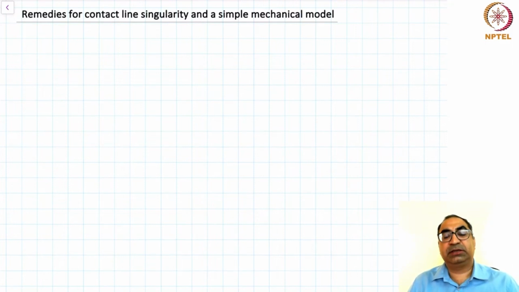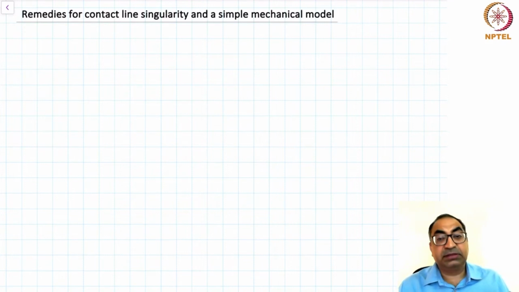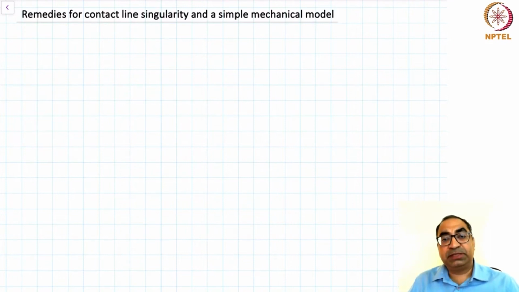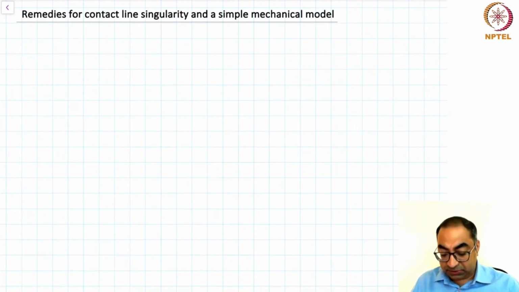This model is thanks to the physicist Huygens, and we will revisit this problem, which is discussed in more detail in a book that he has authored, which is also a reference book for this course.